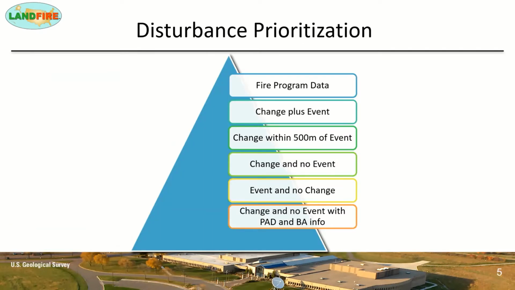So how do we do it? We have a prioritization process where we bring in sources of data from all over the place. What we use as the definitive source of disturbance for a particular pixel is based on this prioritization. You see at the top is the fire program data. Those are national fire mapping programs.